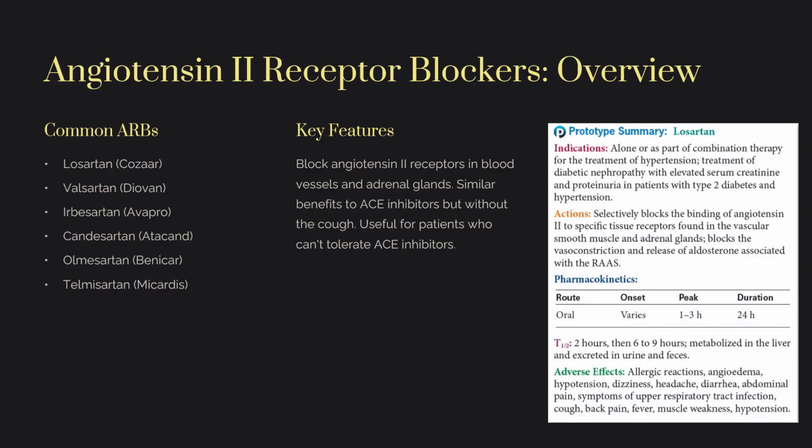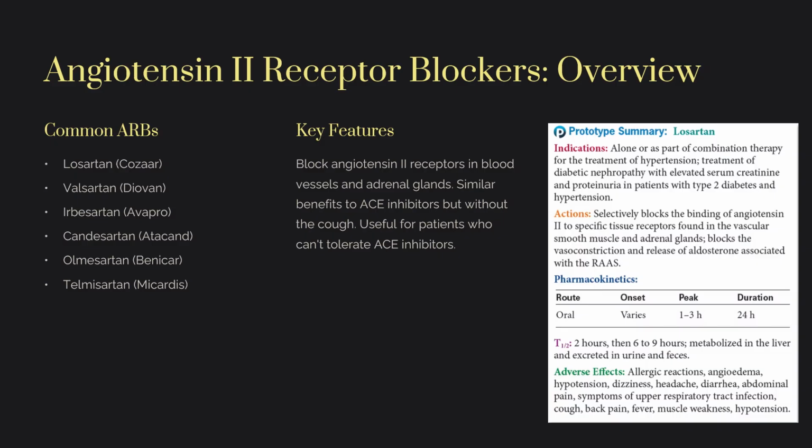All of these are given orally. They should not be given to people who are pregnant or lactating. Here is a list of them. All of these end in that sartan, which does make it easier to identify them.